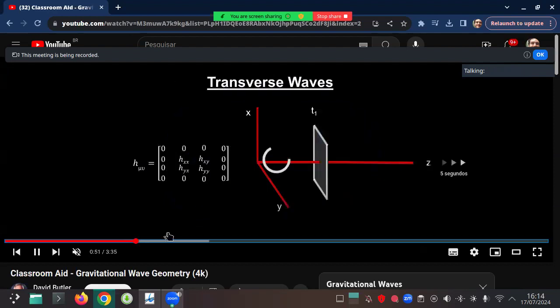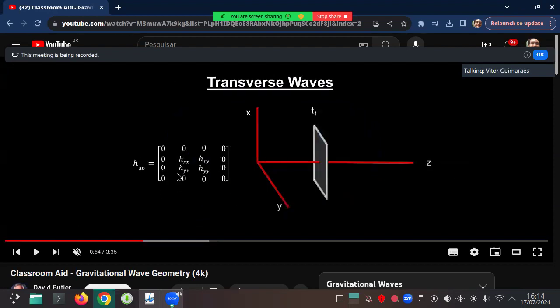In this example, he chose the direction of propagation along the z-axis. That's why his polarization matrix here is a little different, but it's completely analogous to what we did.